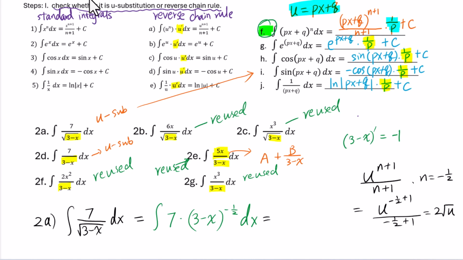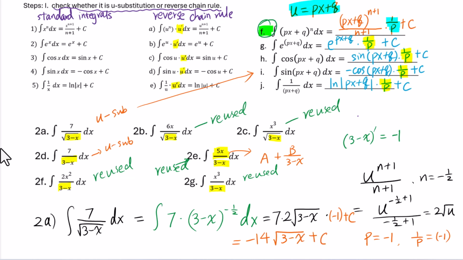So we get 7 times 2 square root 3 minus x. Don't forget 1 over p. P equals -1. 1 over p equals -1 times -1 plus c. Organize: -14 square root 3 minus x plus c.